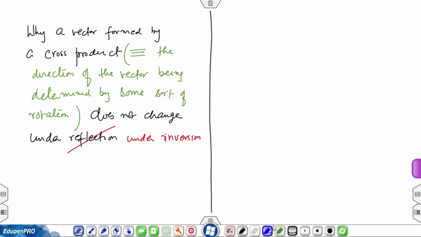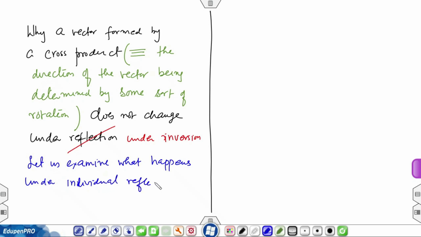And now, we will examine what happens with individual reflections. Let us take the xy plane as we have been doing.